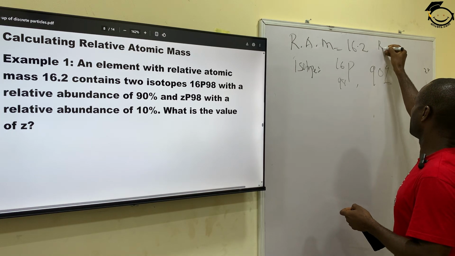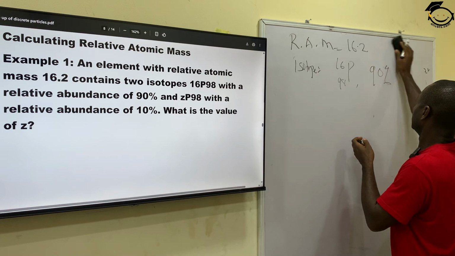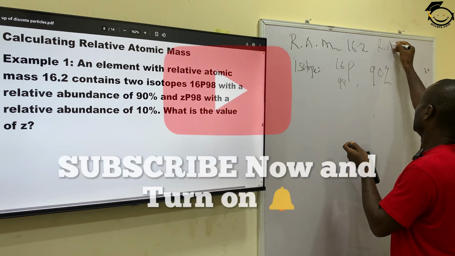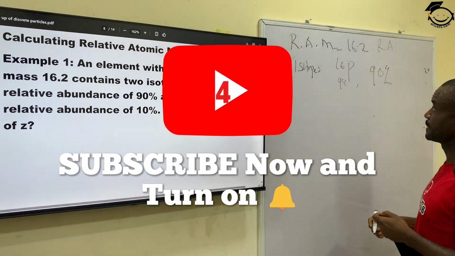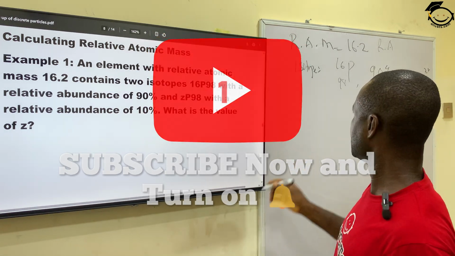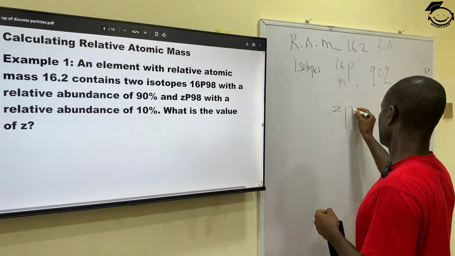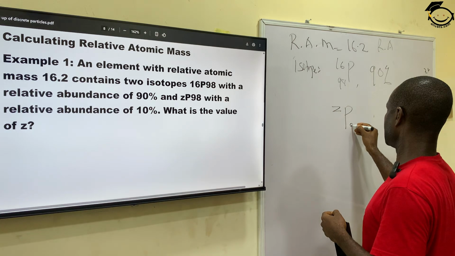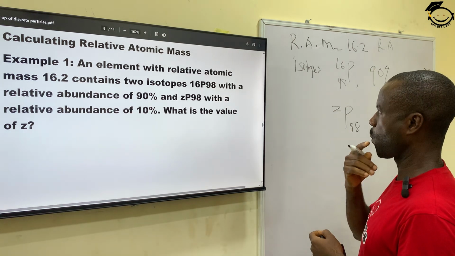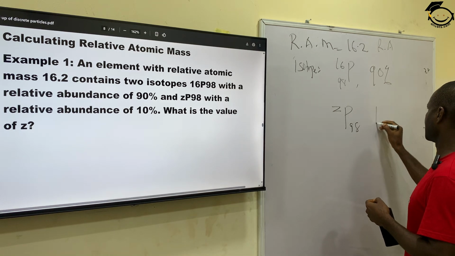Then we have another one, which is Z P 98. The relative abundance of this is 10%.